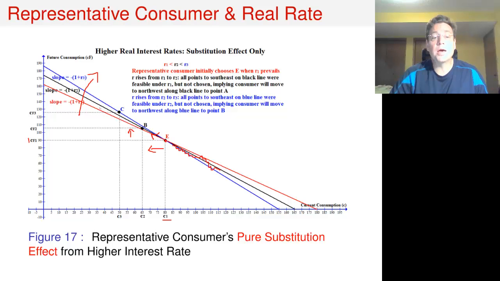And then the same thing will happen when we go to the next interest rate, R3, on the blue line. She will just move up in the same northwestern direction. So we now have three points, C1, C2, C3, associated with R1, R2, and R3.